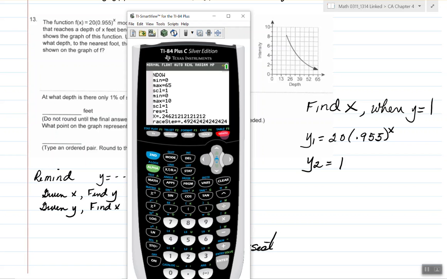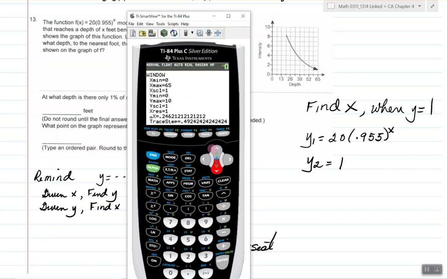So let's see what happens. Did I remember to put the 1 in? I guess we'll find out in just a minute. Here's this decay curve. It does intersect there. Honestly, I'd like to see a little further.